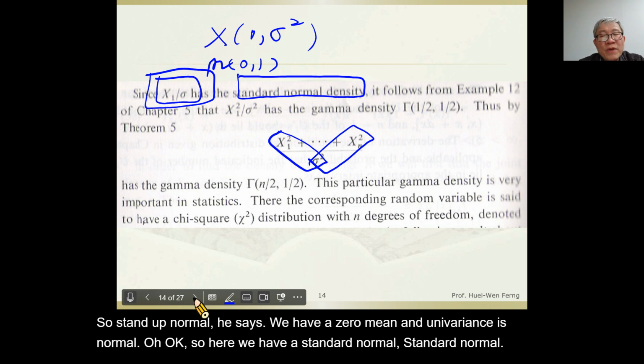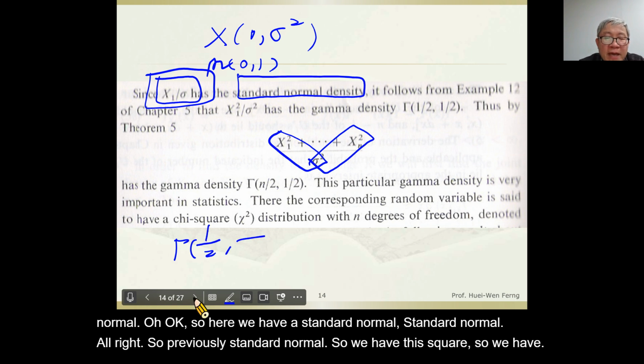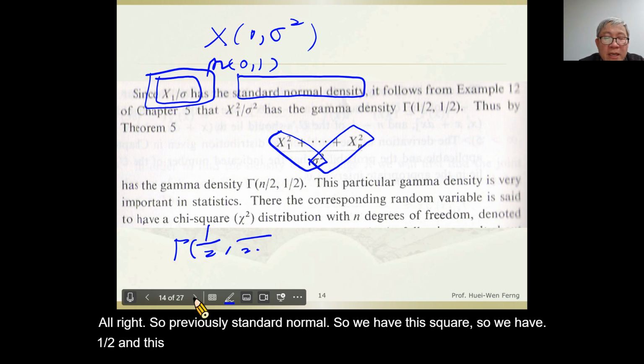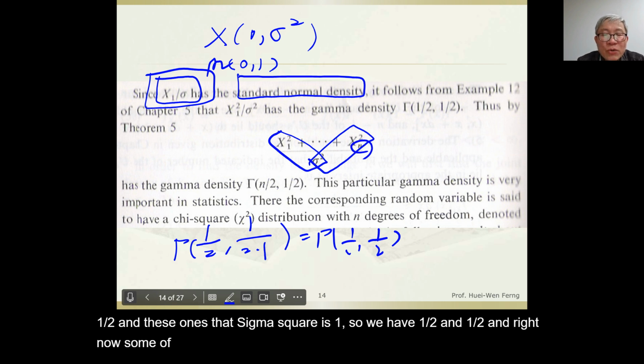Alright, so previously for standard normal, we have this square, so we have a half, and sigma square is 1, so we have a half and a half. And right now, the sum of n gammas, so we have n.